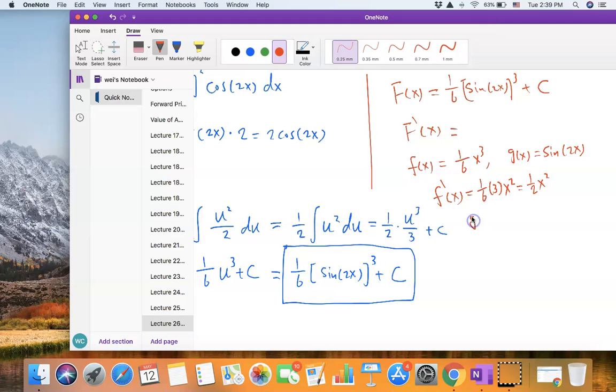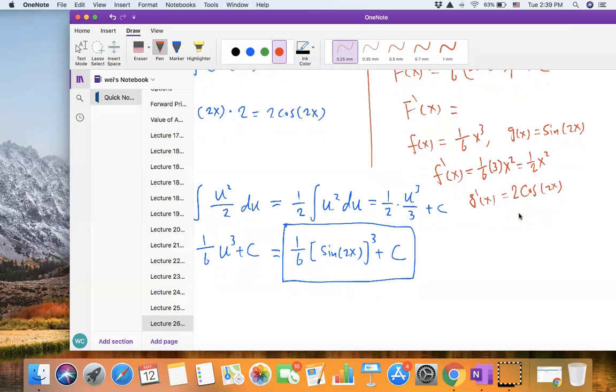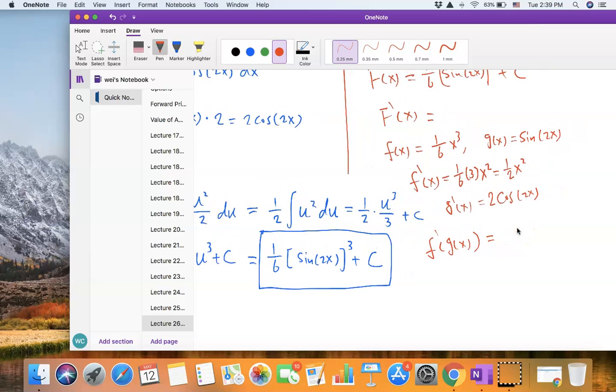And the derivative of the inner function is cosine of 2x times 2. So f prime of g of x we can write as 1 over 2 sine of 2x squared.